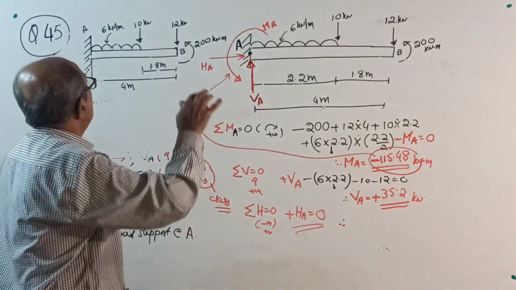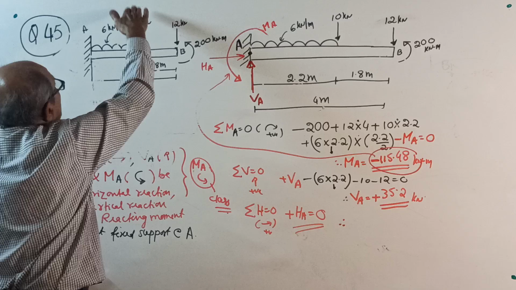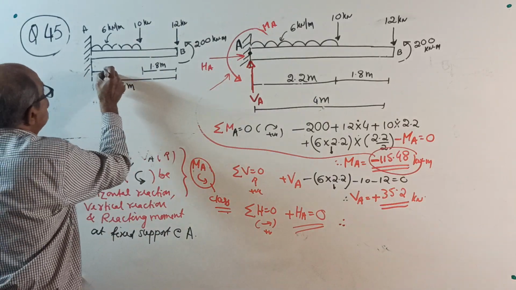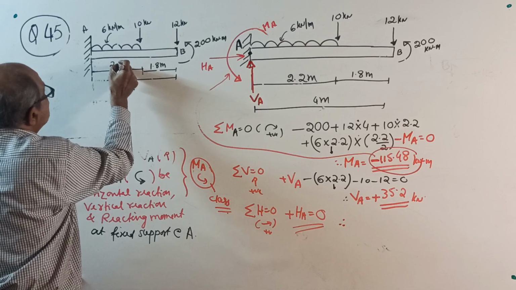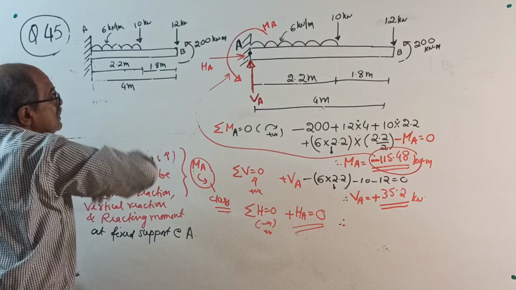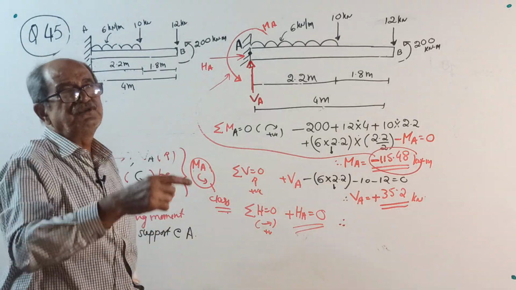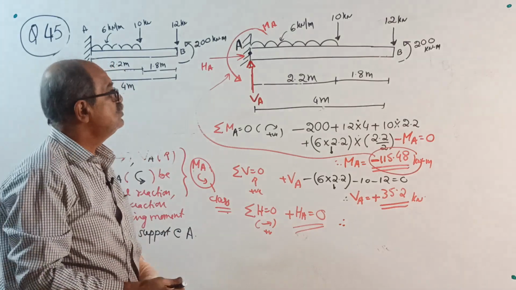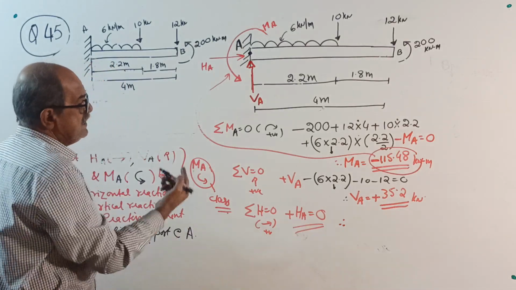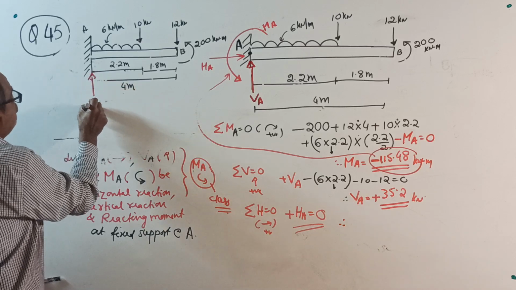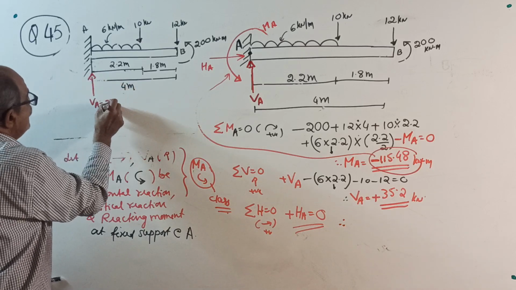Okay. 12 down, 10 down, 6 into 2.2 down. All vertical forces are acting down. So add all those, you get 35.2. So net vertical reaction is upwards of 35.2 kilonewton.